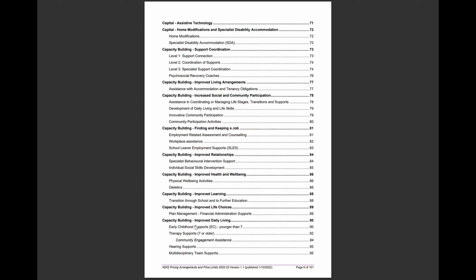And then improved daily living, which is the general allied health funding category. I guess that's perhaps the simplest way to understand it. So you've got information there about support services for children who are under the age of 7, and then therapy supports for people who are 7 years of age or older.